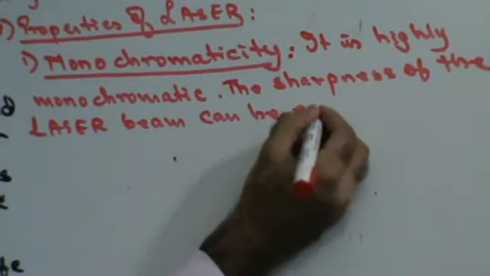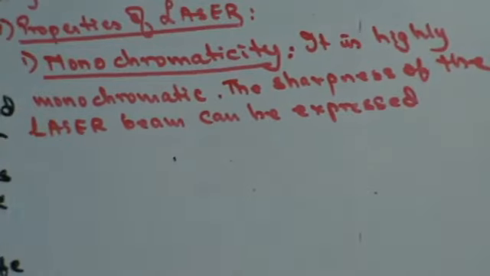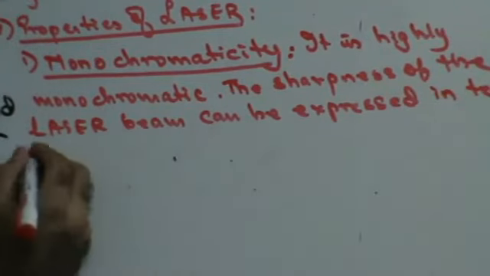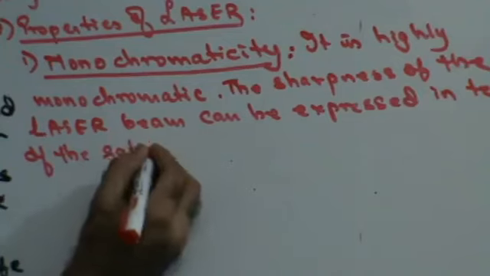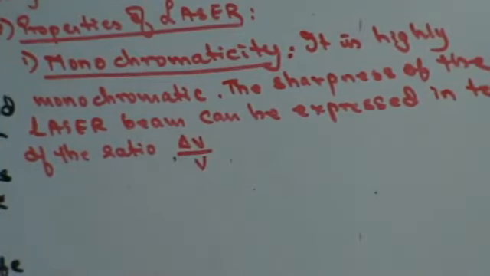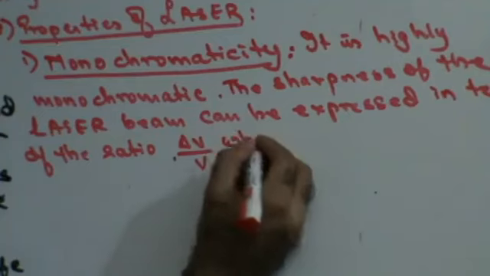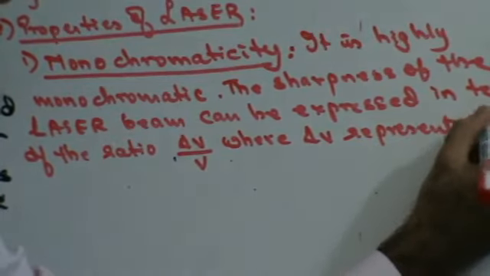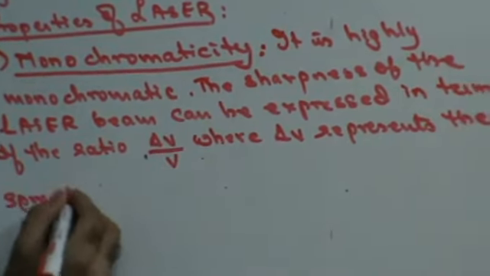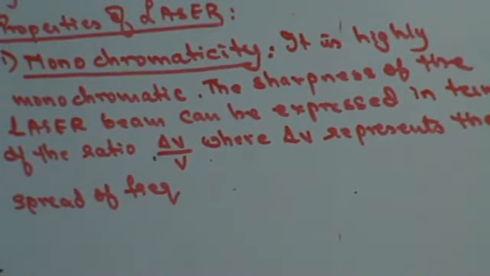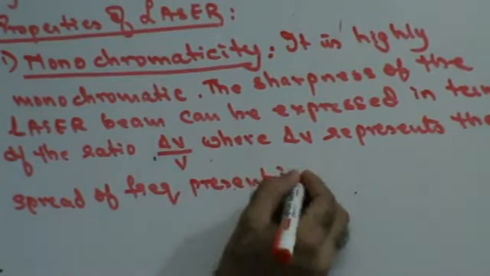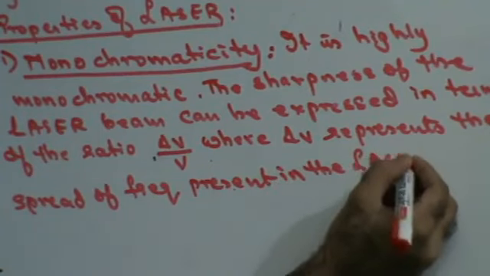The sharpness of the laser beam can be expressed in terms of the ratio delta V upon V, where delta V represents the spread of frequency present in the laser beam.